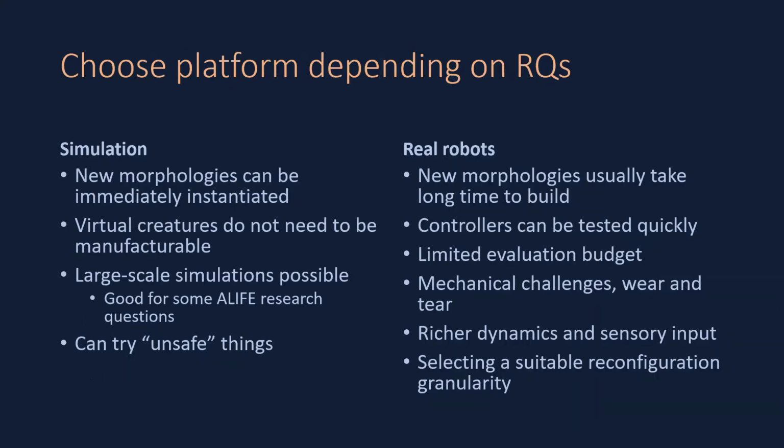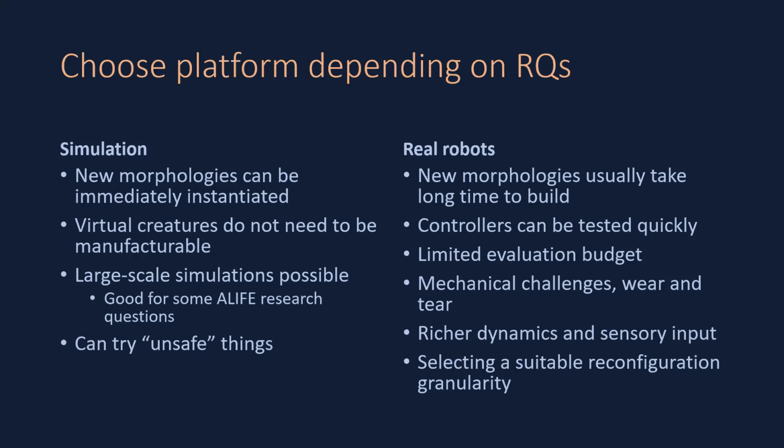Trying to summarize that a bit, you have to choose your platform depending on what kind of research questions you have. If you want to do a lot of sampling, a lot of evolution with large populations, artificial life, biology-type evolutionary research, then it's good to at least start in simulation, because it will take a long time just to get 10 generations going if you do full real world evolution.